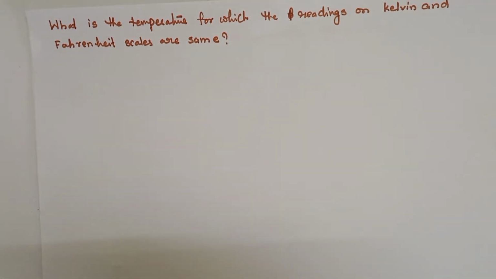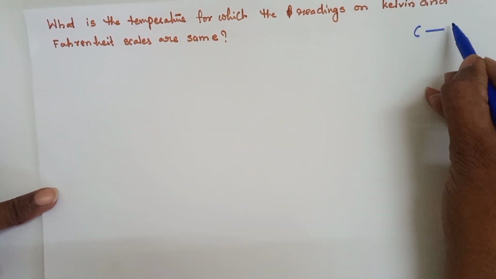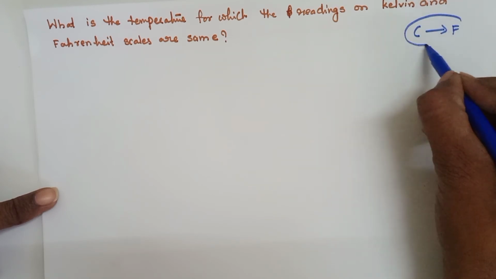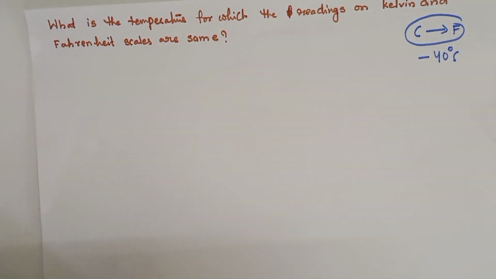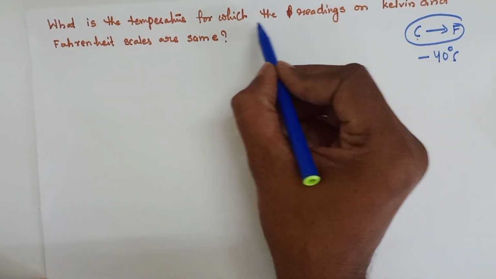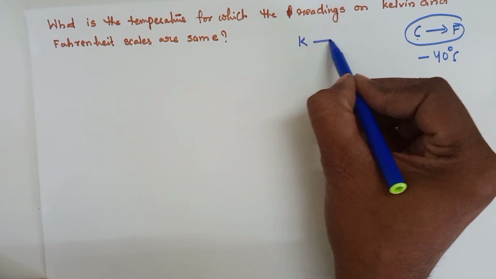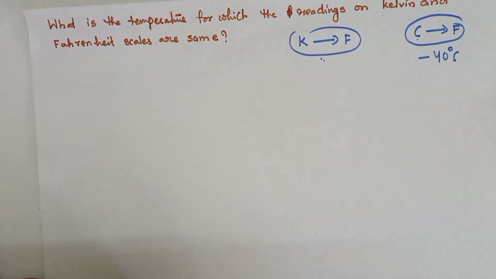Now this is another problem in the problem set. What is the temperature for which the readings on the Kelvin and Fahrenheit scales are the same? We have seen in the last problem where Celsius and Fahrenheit are the same, at minus 40 degrees centigrade. Now here Celsius and Fahrenheit are not asked. What is asked is the Kelvin scale as well as Fahrenheit, both are the same for what reading and what value.